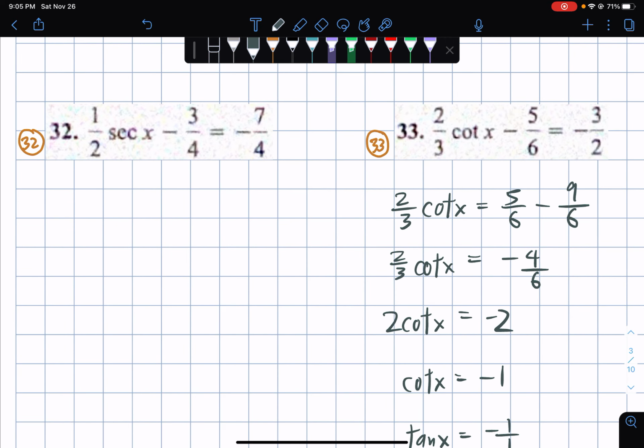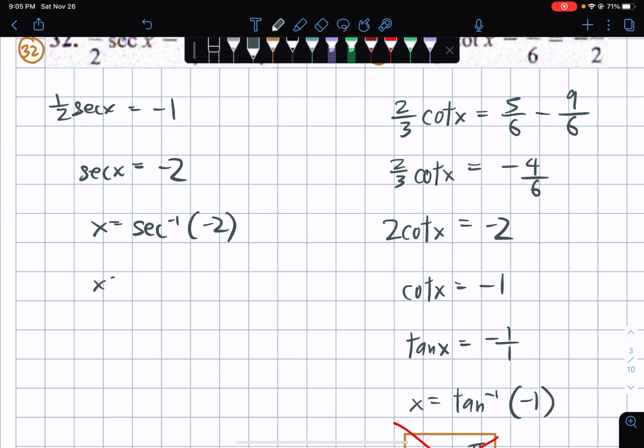For number 32, 1 over 2 secant x is equal to, transpose negative 3 over 4 to the other side, we eventually get negative 4 over 4, which is negative 1. Secant x is, multiply both sides by 2. So we get secant x is equal to negative 2. X is equal to the arc secant of negative 2, which is, you have to reciprocate.